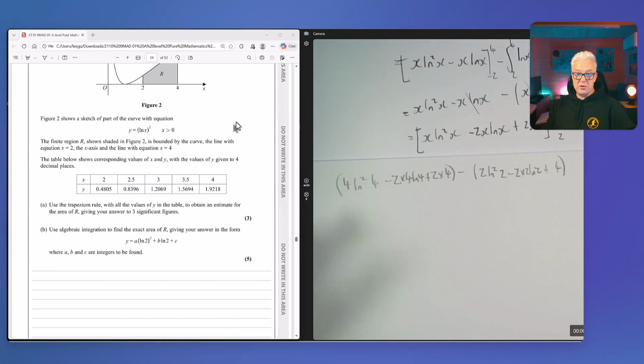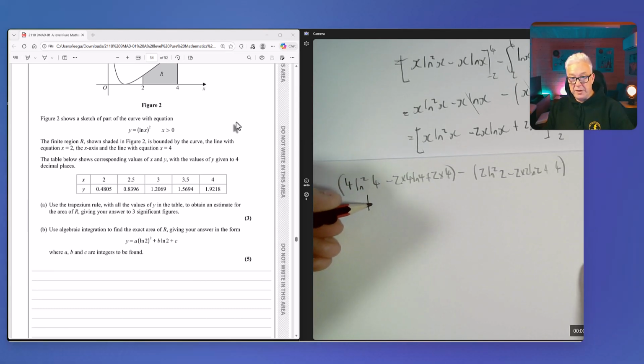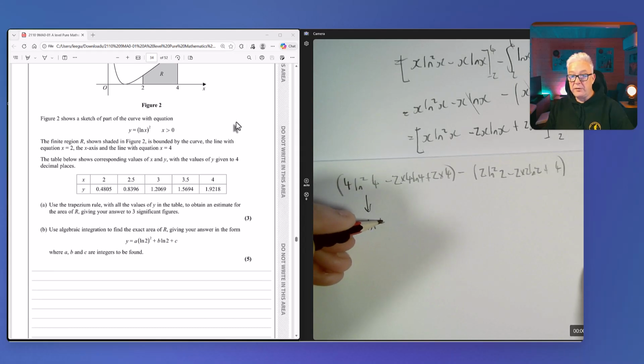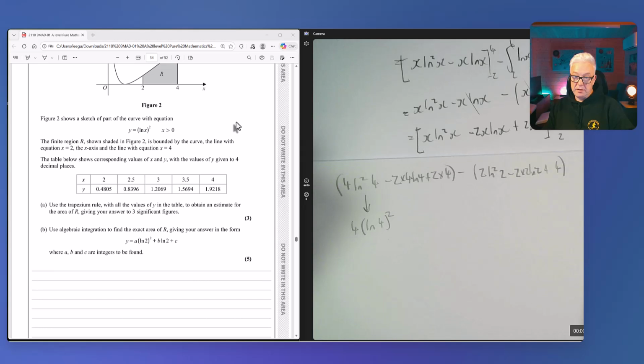Now, to avoid confusion, what I'm going to do is rewrite this bit here actually. Remember that this bit means 4, and it's going to be ln of 4 all squared, like that. Okay, so 4 ln4 squared, because that's going to be crucial.